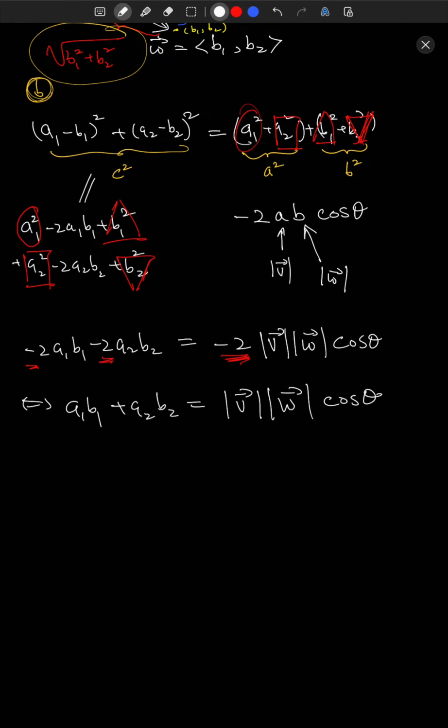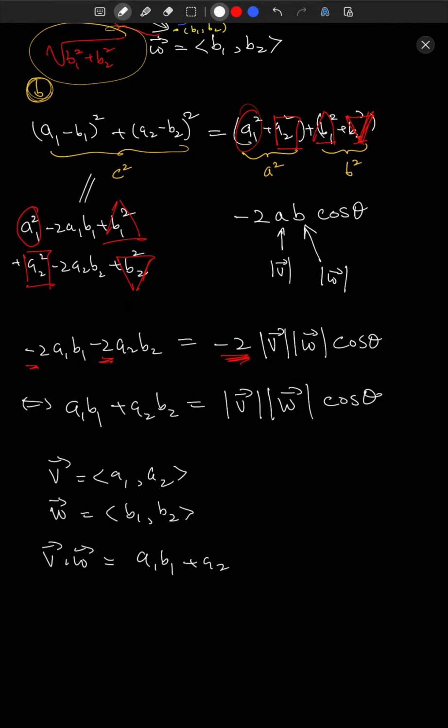But what's A1B1 plus A2B2? Remember, V was A1 comma A2 and W was B1 comma B2. So V dot W is A1B1 plus A2B2. This left-hand side is nothing more than V dot W.